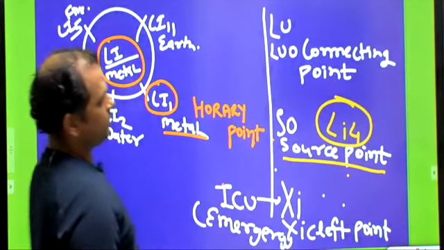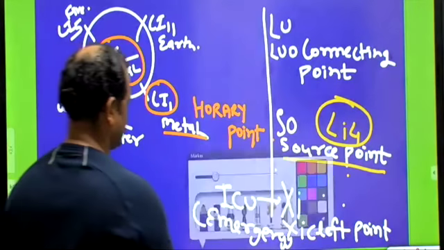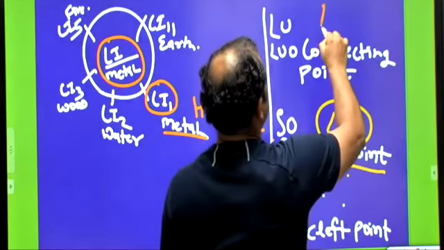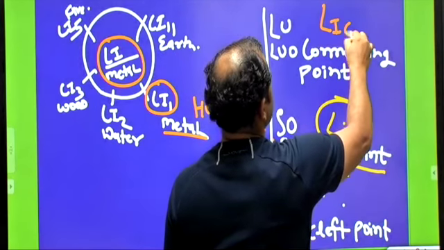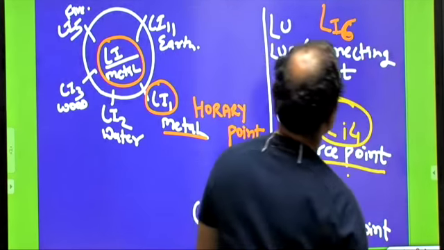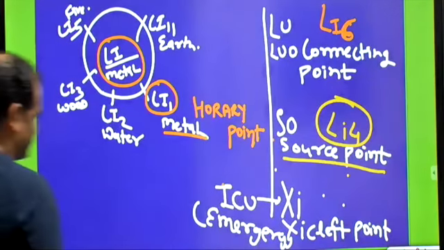So let's talk about the Luo connecting point of the LI meridian. The Luo connecting point of the LI meridian is LI6. So LI6 is the Luo connecting point of the LI meridian.